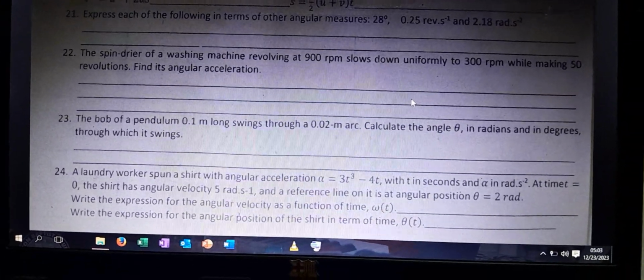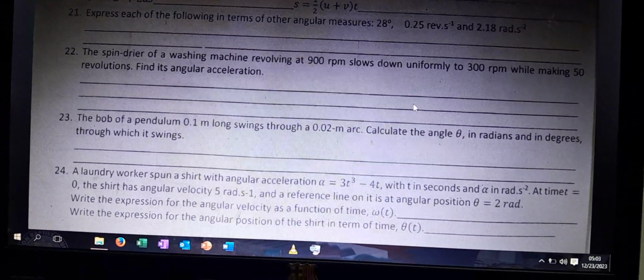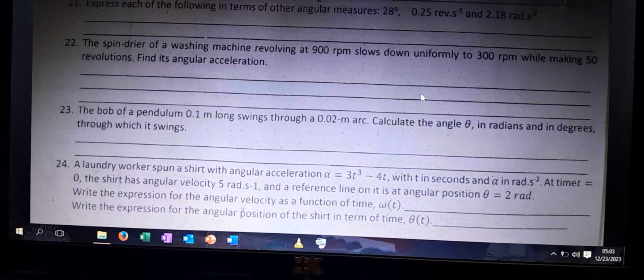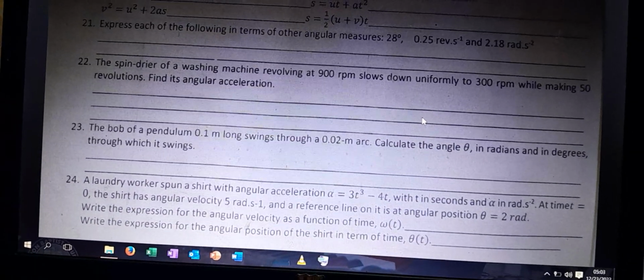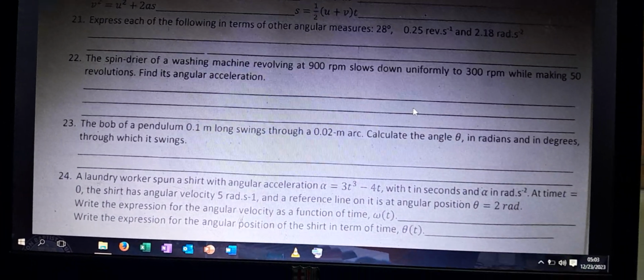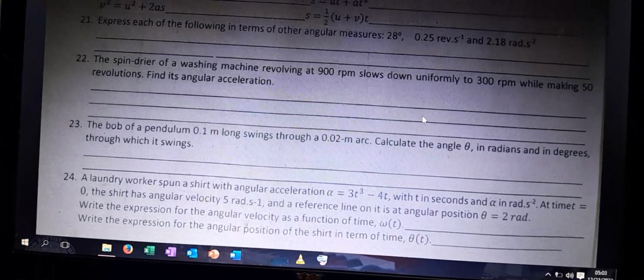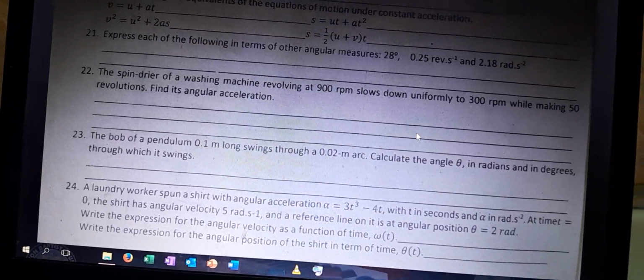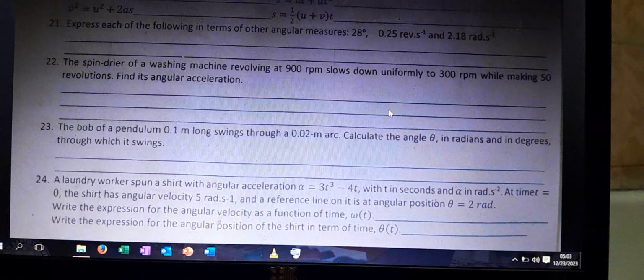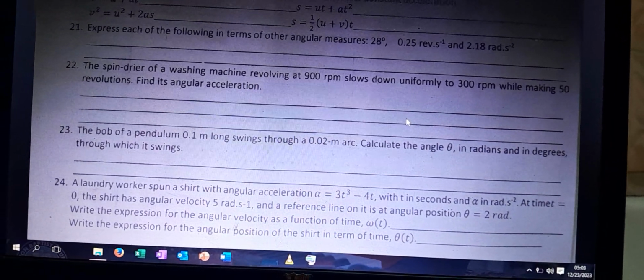So I'll be converting one of them to rad per second, and the other one I will just do what I do, and the same thing with the 50 revolutions. I'm going to be converting it to radians. So the question is, what is 1 revolution per minute?